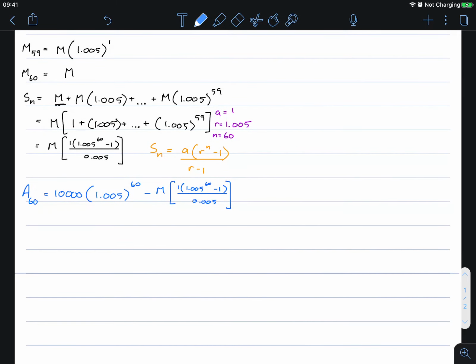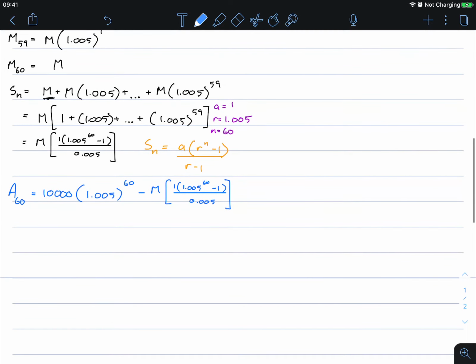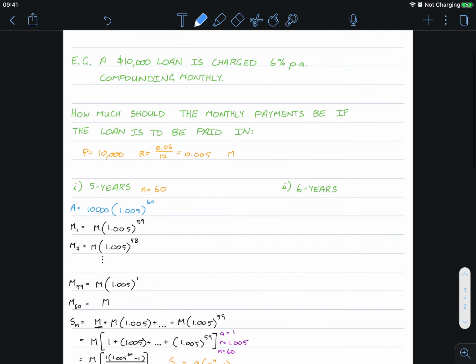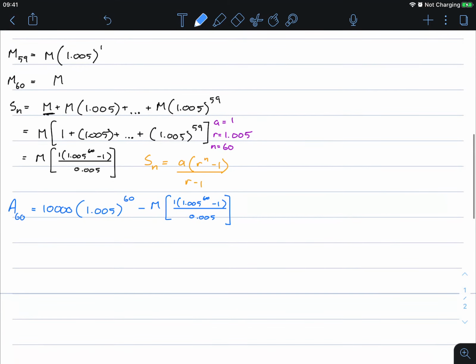Now the next thing that we should understand is, because the loan is to be repaid in 5 years, which is 60 months, the value of this loan after 60 months must be equal to 0 because it's been fully paid off.